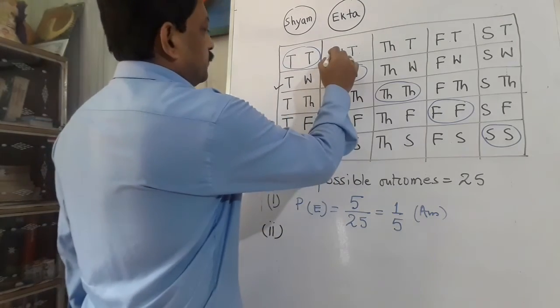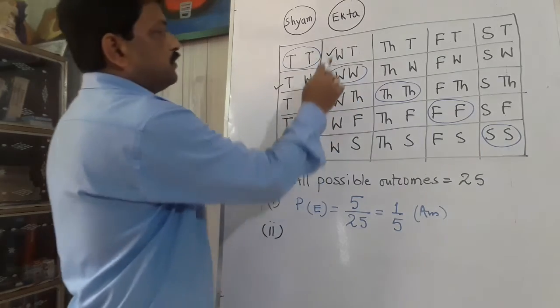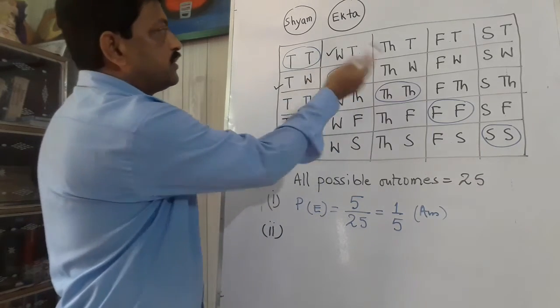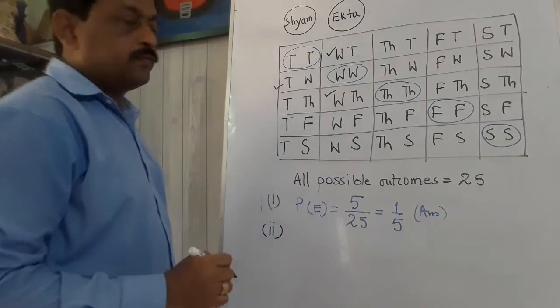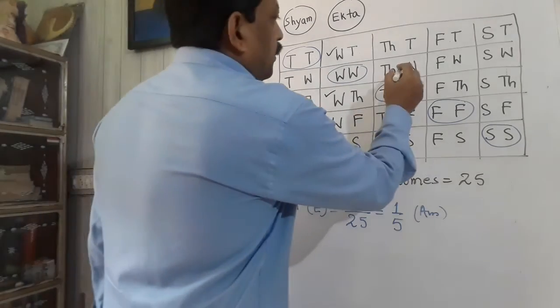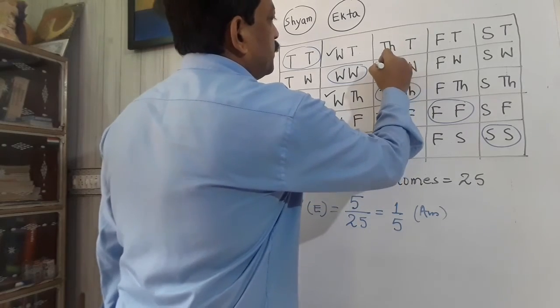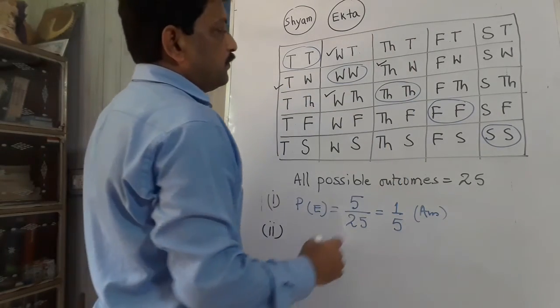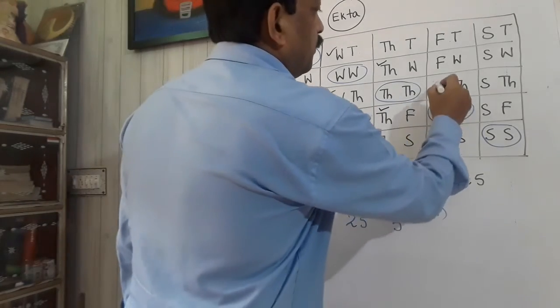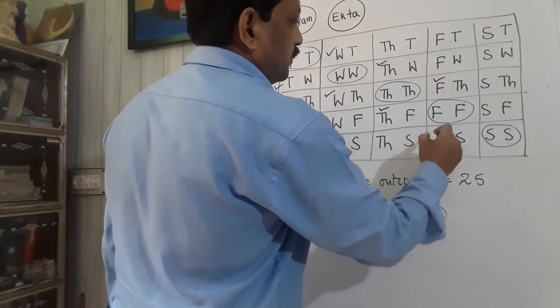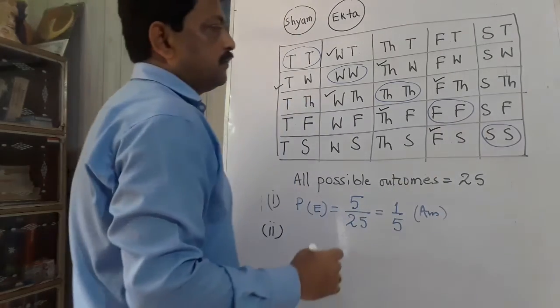Wednesday and Tuesday. This is also consecutive days. Then Wednesday, Thursday. And this is Thursday, Wednesday. Or Thursday, Friday. Friday, Thursday. Or Friday, Saturday.